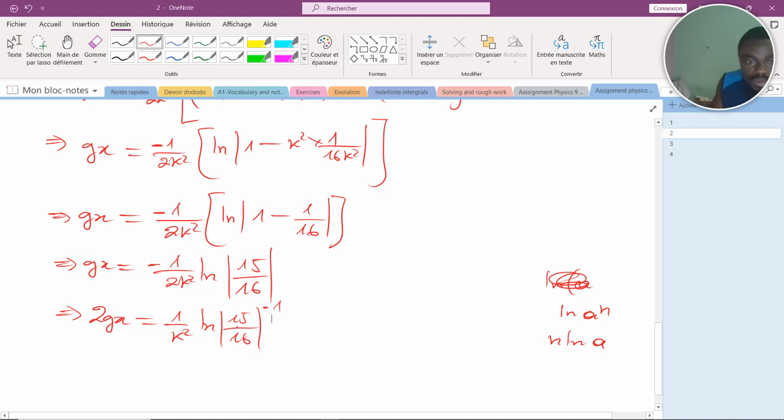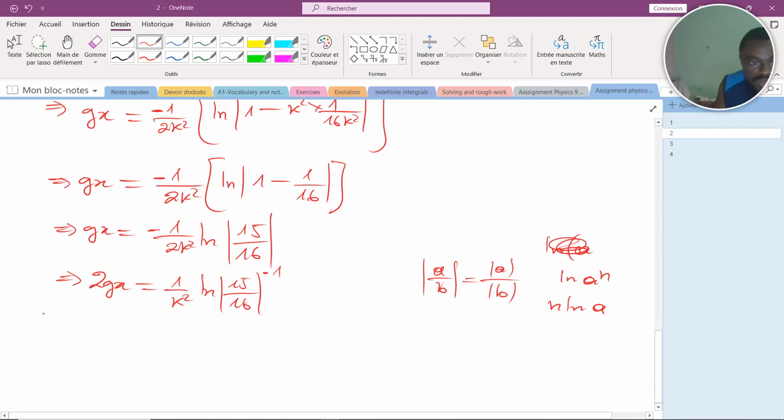But we know that the absolute value of a on b is the same as the absolute value of a all over the absolute value of b. So we have 2gx being equal to 1 all over k squared ln of, let me put brackets here, the absolute value of 15 all over the absolute value of 16, all that raised to the minus 1.